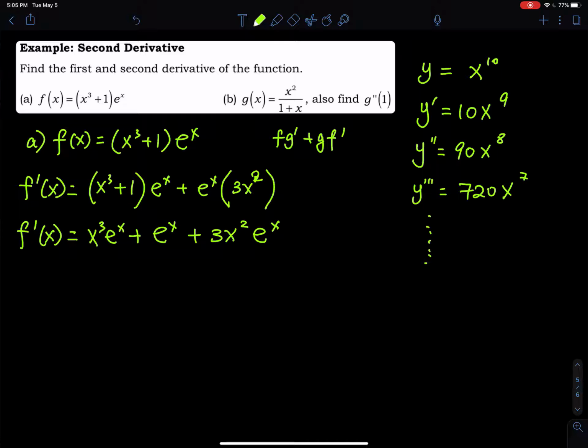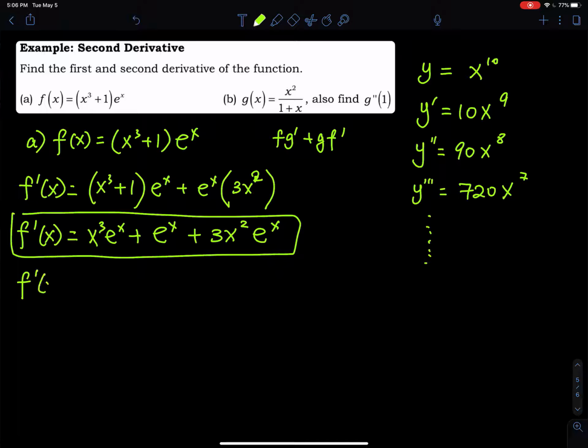And then the second derivative, you take the derivative of this derivative, but you want to make this as simple as possible. So one recommendation I have for you is you factor out the e to the x. So you have e to the x times x to the third plus 1 plus 3x squared. Do you have to do this?